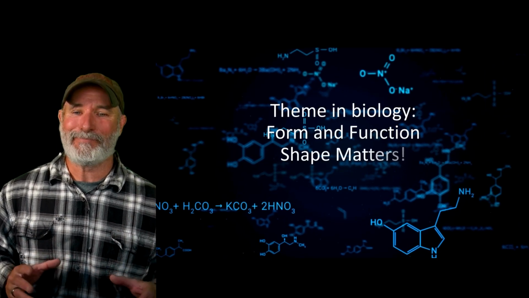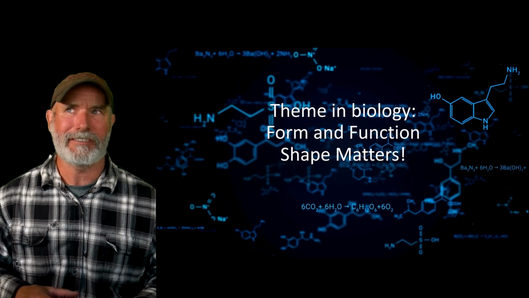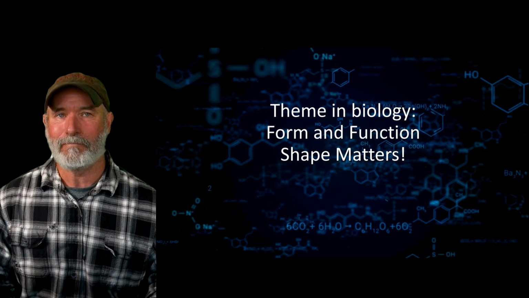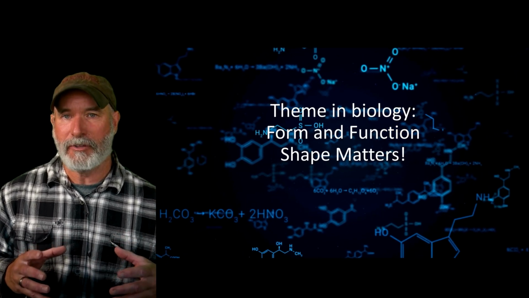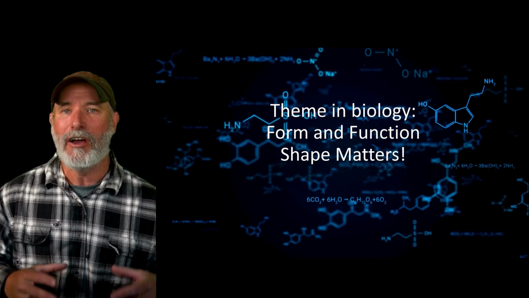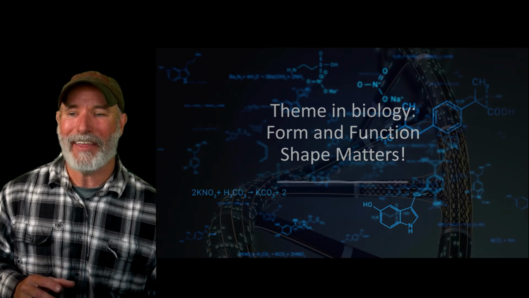All right, here it is. Our theme in biology, theme across everything, right? Form and function, shape matters. The way that those differences between DNA and RNA really matter for how it functions and why they're different.